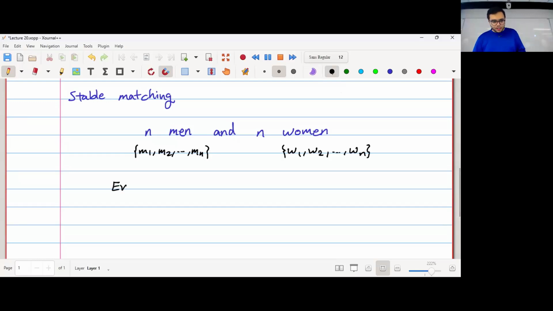So every woman, Wi, has a ranked list. She has some preferences about the men, and that preference is basically a ranked list of all the men. Another way of looking at this is that the preference is basically a permutation of the men.